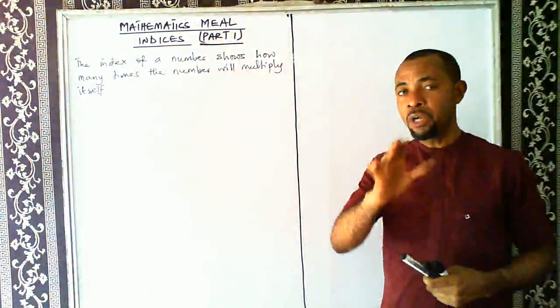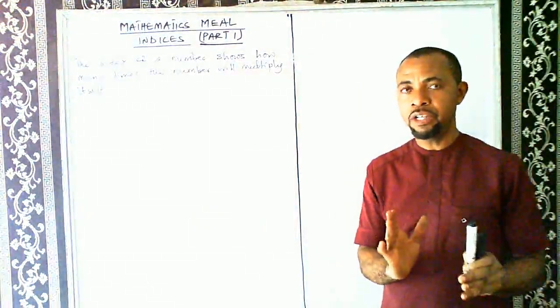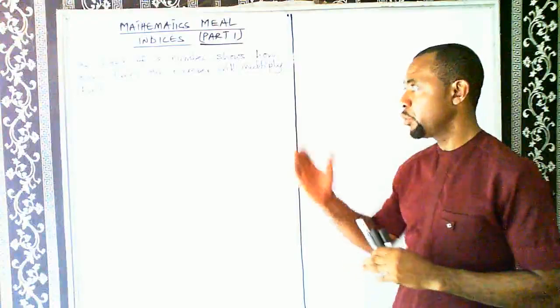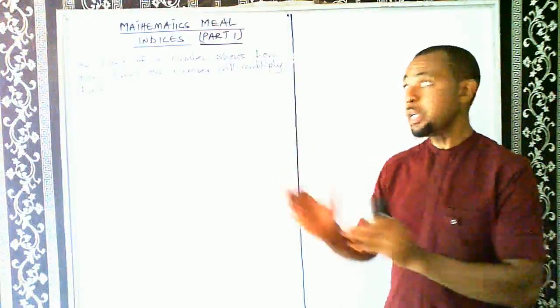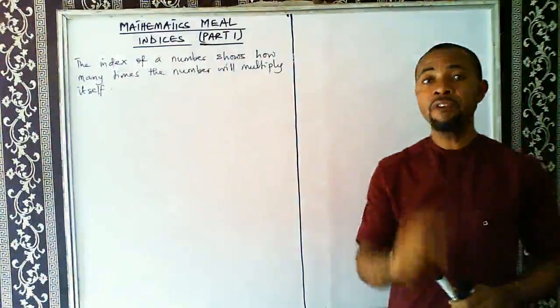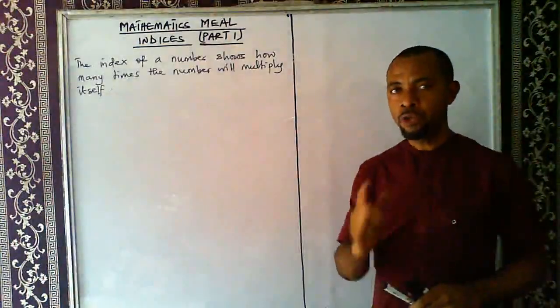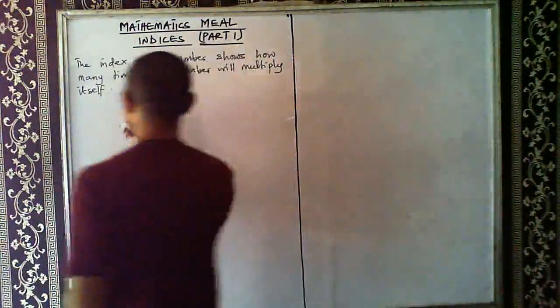Alright, we're going to explain this definition, but let's look at a few other things before we begin to use some mathematical terms to explain it. Another name for index is power, or you can also call it exponent. So we take that down.